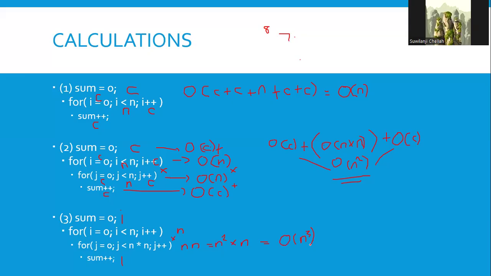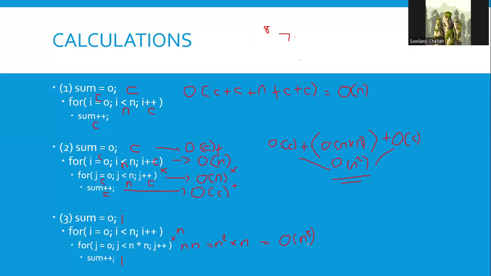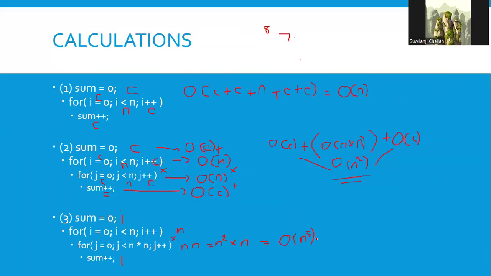And remember, in our rule here, let me go back, it says that if T of n is a polynomial of degree k, then the time complexity of that algorithm is big O of n to the k, which is essentially this one here. I hope that makes sense. So the time complexity of this algorithm is that.